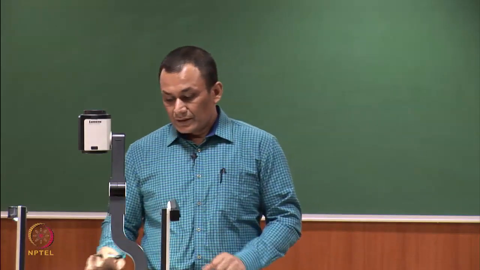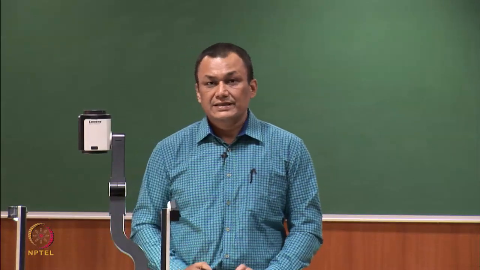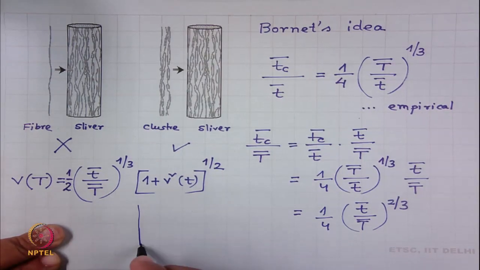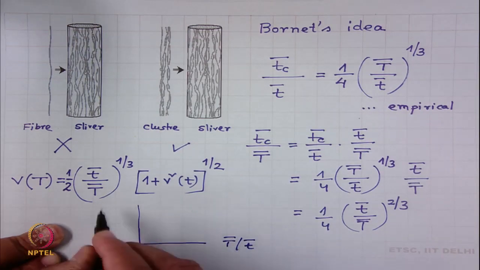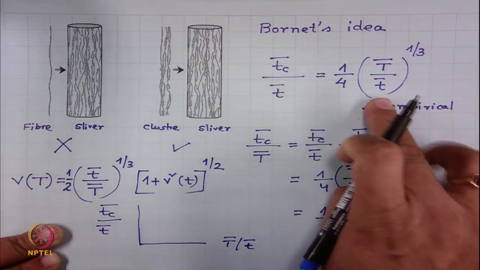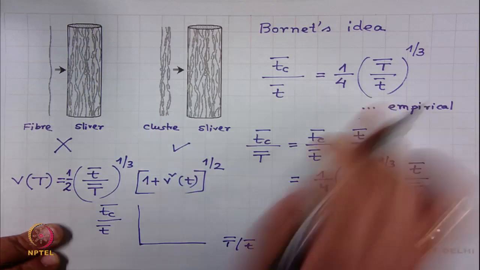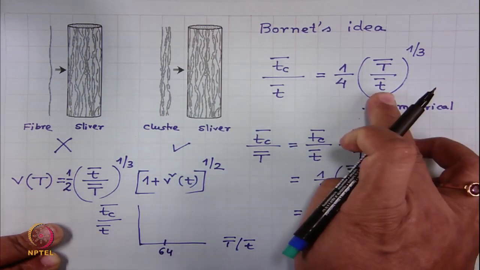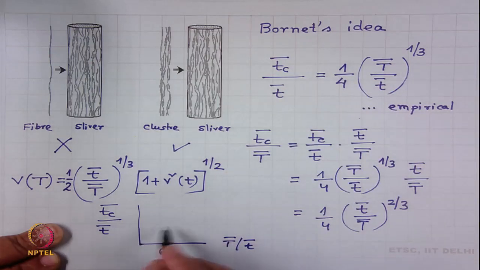However, Burnett's idea or this expression has a serious problem. If I try to obtain this graph, say this value is 64, then this value will be equal to 1.